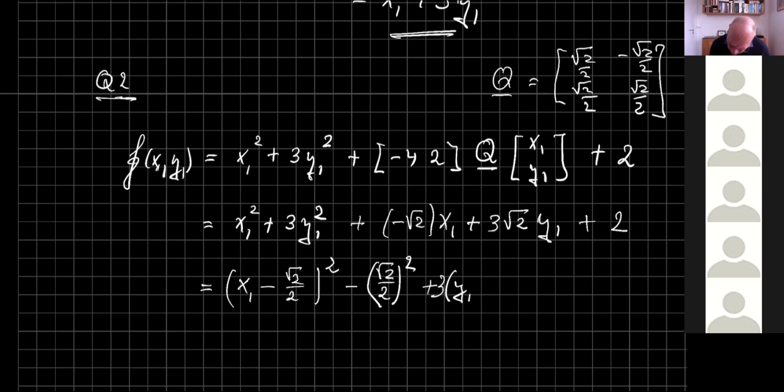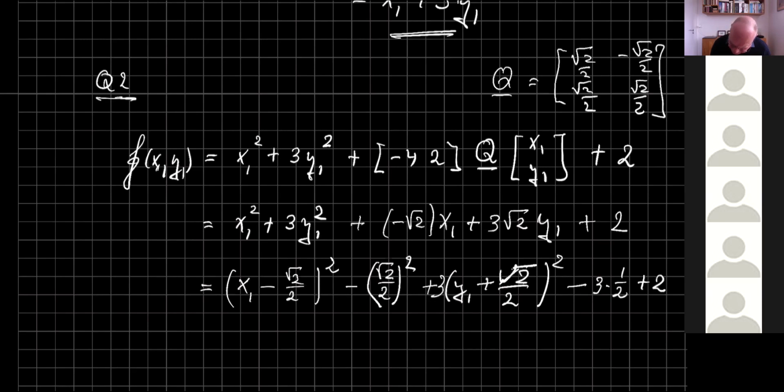You get y1. Now you have a plus. You put 3 outside the parentheses. So you have square root of 2 halves squared. And then again, you have to subtract the square of this. So this will be 3 times 1 half, and then plus 2.